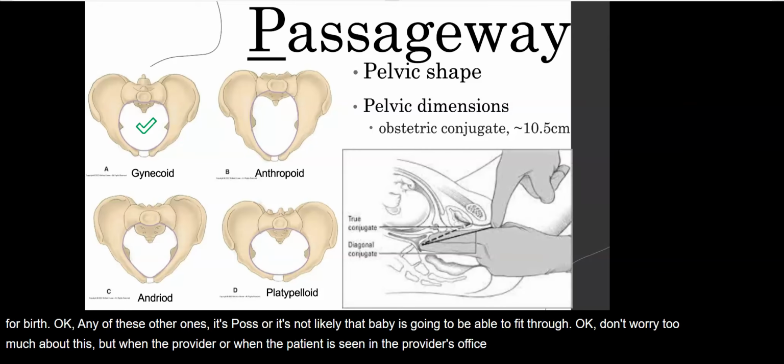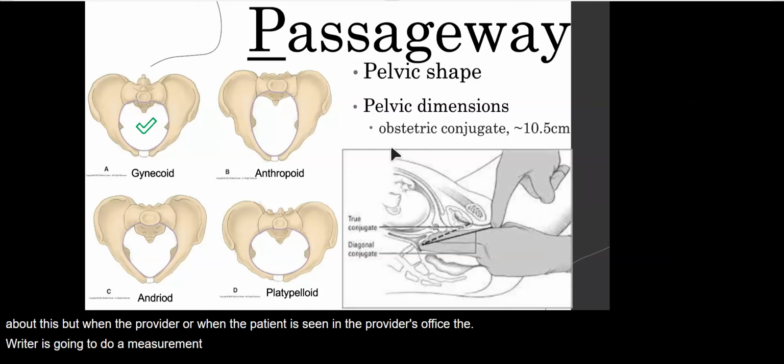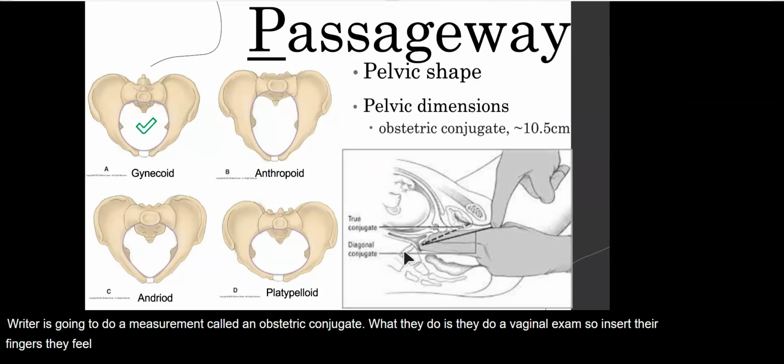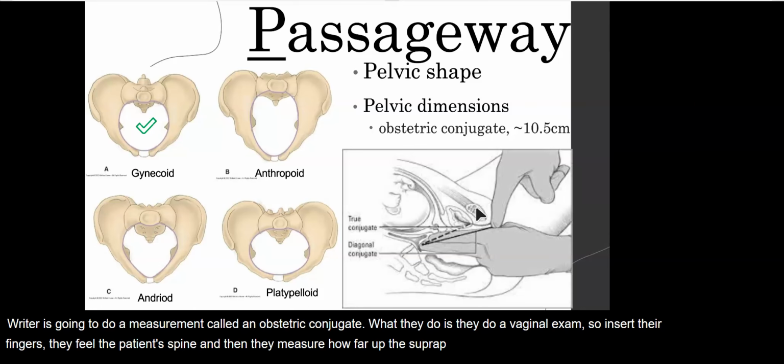the provider is going to do a measurement called an obstetric conjugate. What they do is they do a vaginal exam, so insert their fingers, they feel the patient's spine, and then they measure how far up the suprapubic bone comes into contact with their fingers.